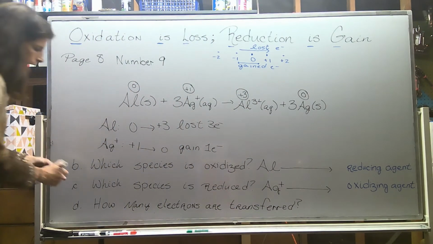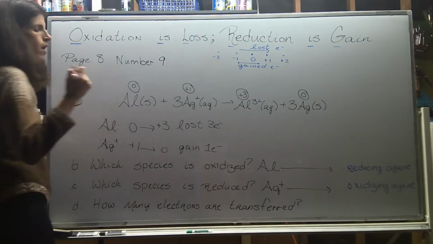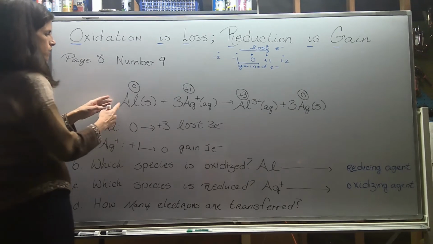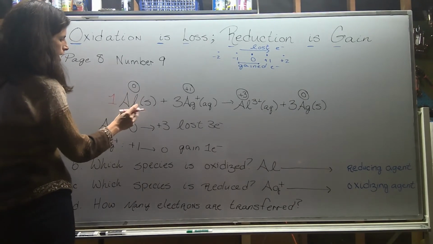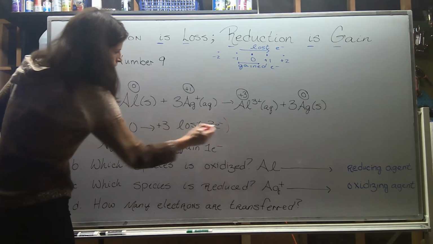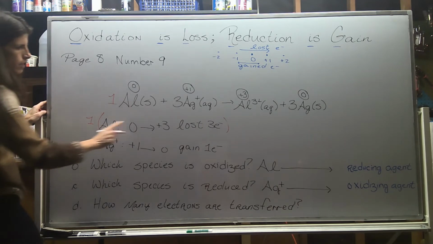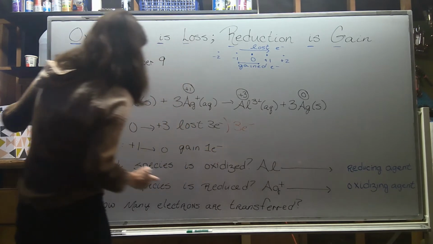Last step here, analyzing the number of electrons that are transferred. So the same kind of value that you would use if you're balancing. So you're like, how many aluminums do I have? You consider the coefficient and the subscript. So if you're balancing, you tell me, I just have one aluminum. So 1 times 3 gives me 3 electrons.